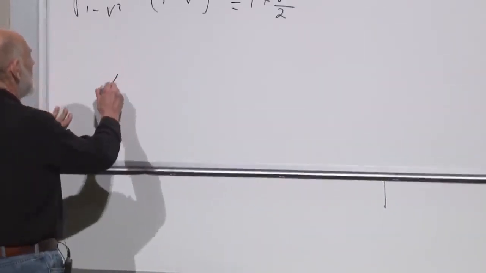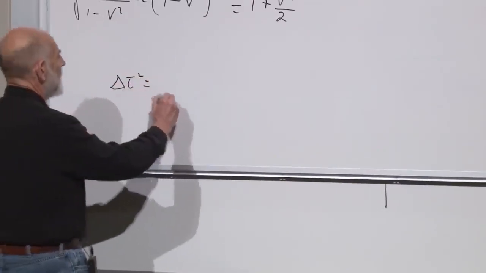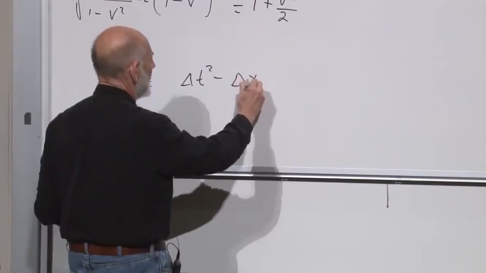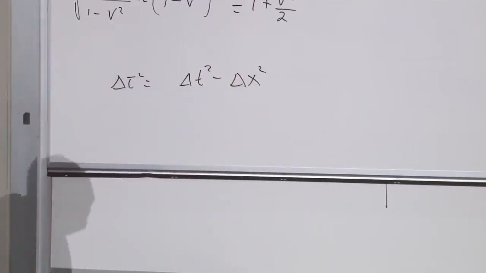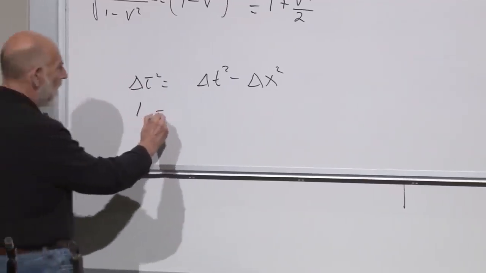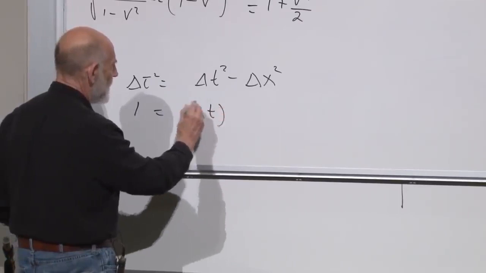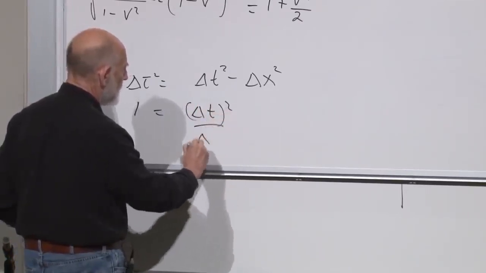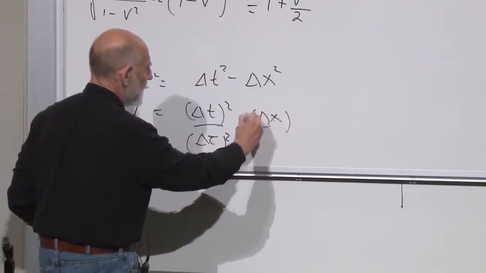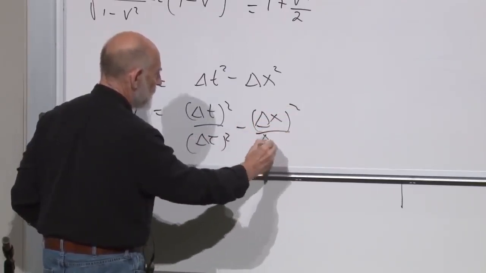Delta tau squared is equal to delta t squared minus delta x squared. Let's just divide both sides of this by delta tau squared. We get 1 is equal to delta t squared over delta tau squared minus delta x squared over delta tau squared.